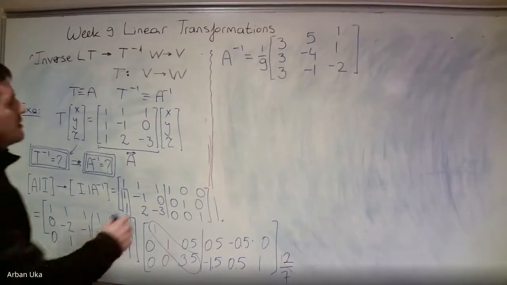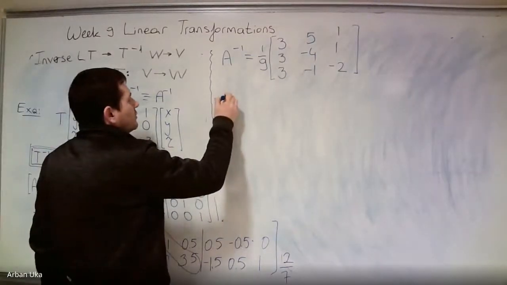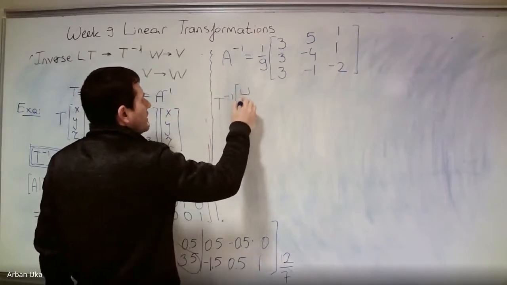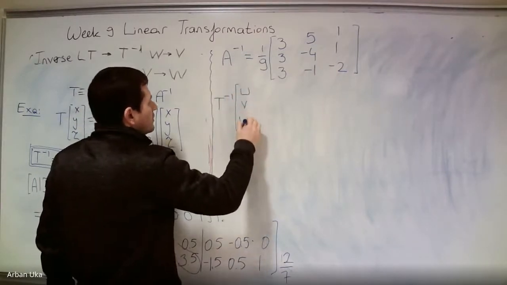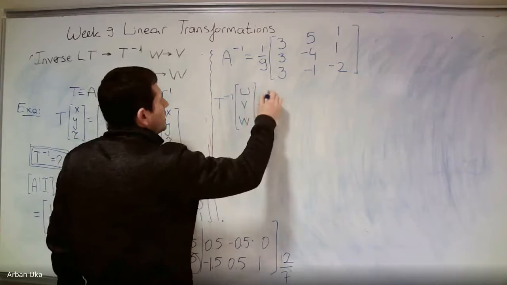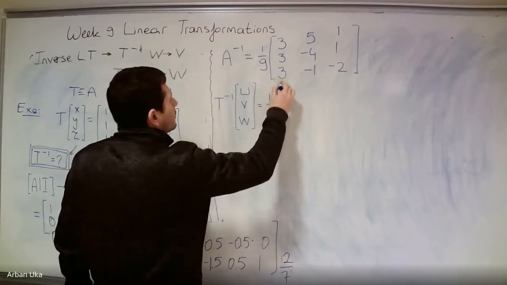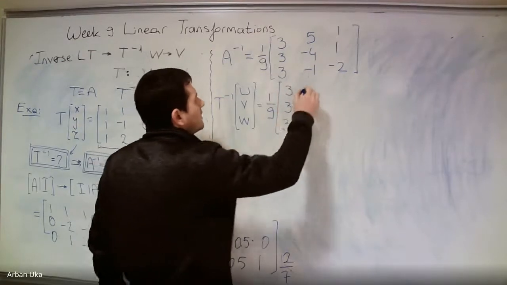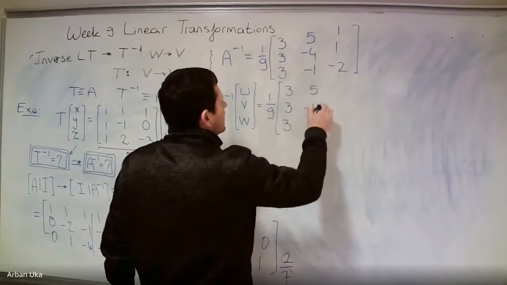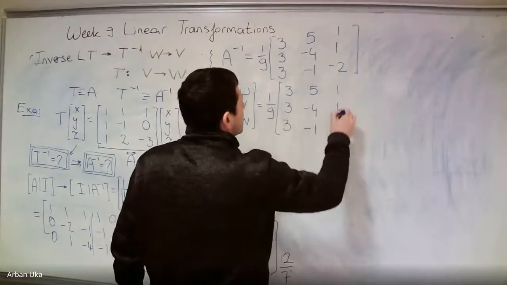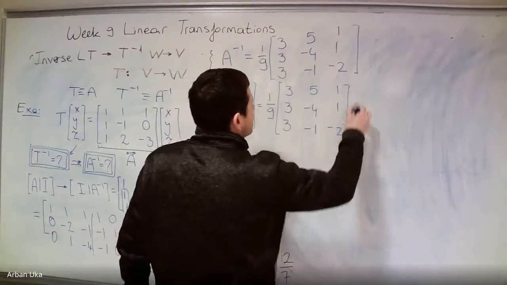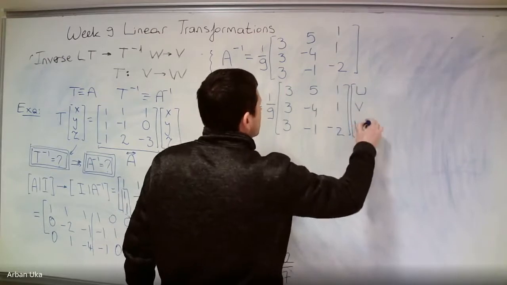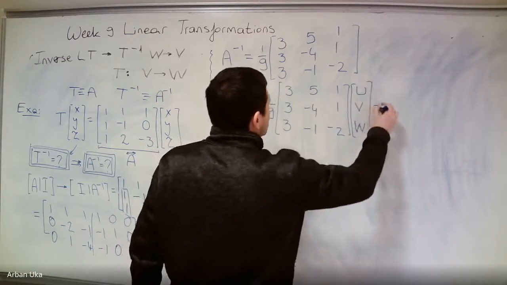So in this case, we have to determine, we say that this T inverse, if we apply this on a vector u, v, w, this would be equal to 1 over 9 times the same matrix 3, 3, 3, 5, minus 4, minus 1, 1, 1, minus 2, times u, v, w.